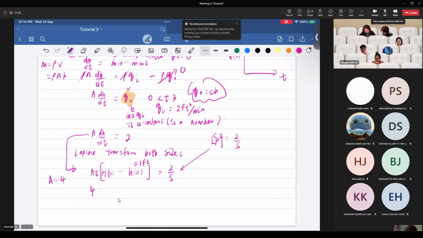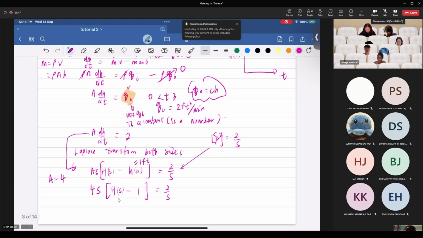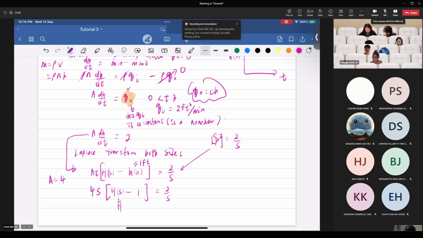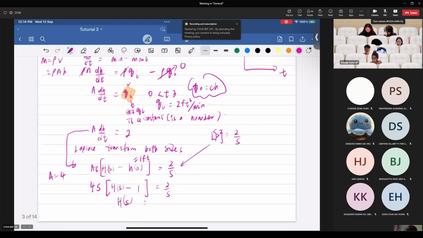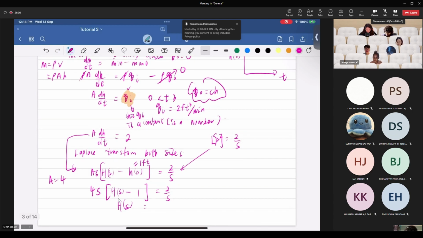So you have 4 times sH(s) minus 1 equals to 2 over s. Okay, so rearrange to get your H(s).